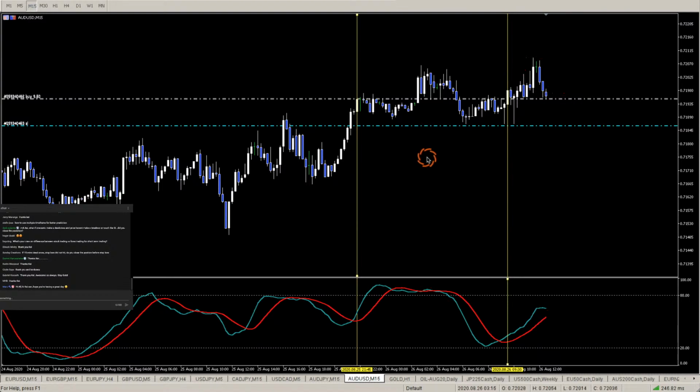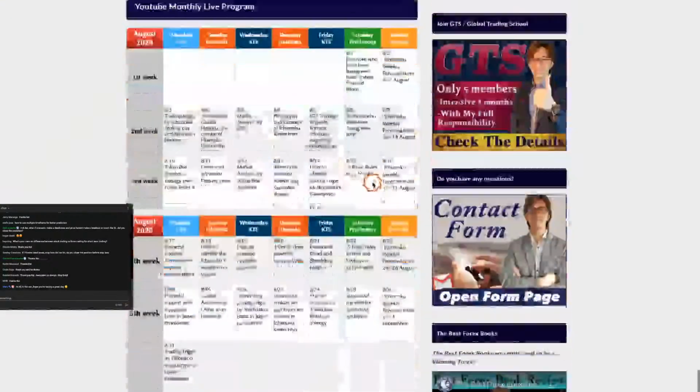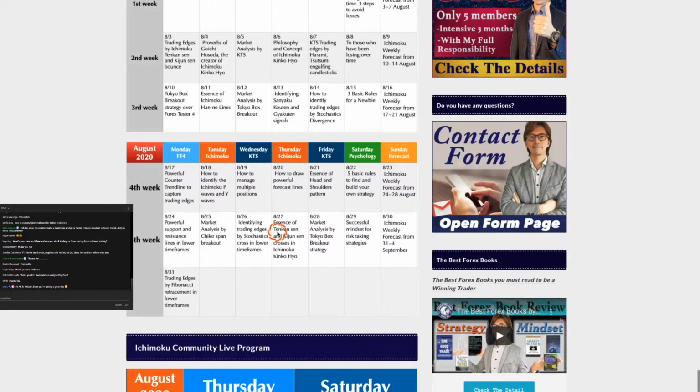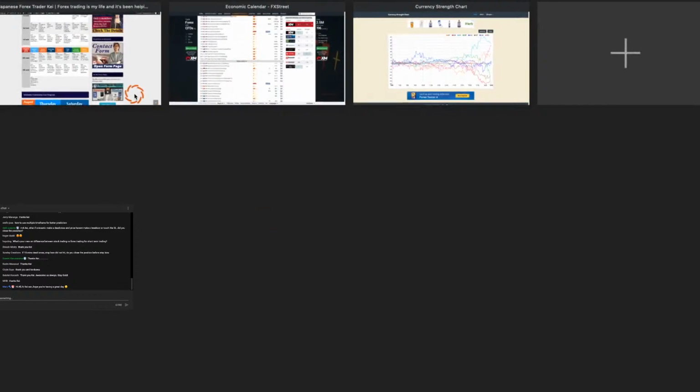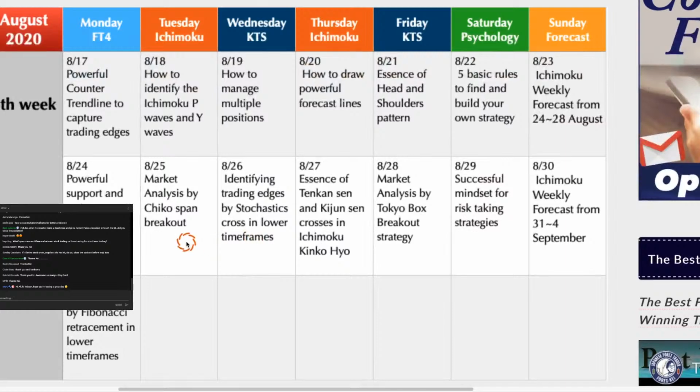So today's topic was about the stochastics gold cross and dead cross, but let me show you what I will talk about tomorrow. Every day I talk about different topics, and if you come to my official website, there's a program guide. So today I talked about the stochastics cross, and tomorrow is Ichimoku day.